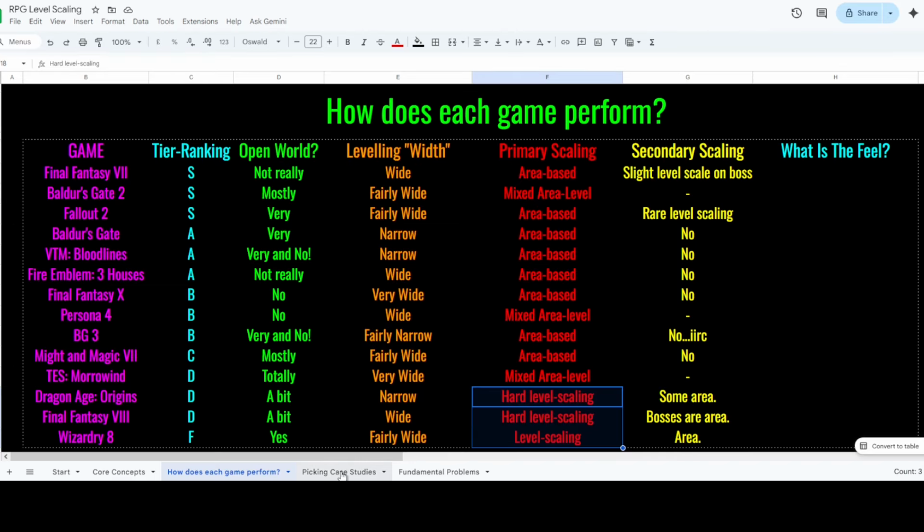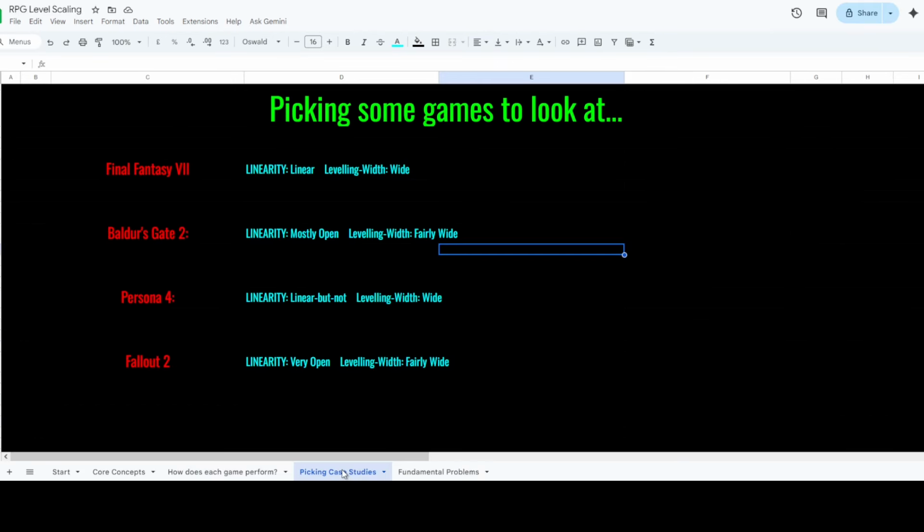Let's have a look at some games specifically. So, Final Fantasy VII is a very linear game in terms of the area progression, with a wide leveling width.